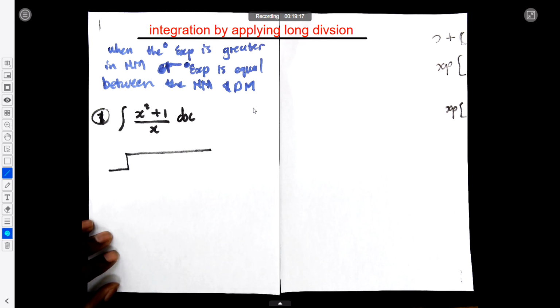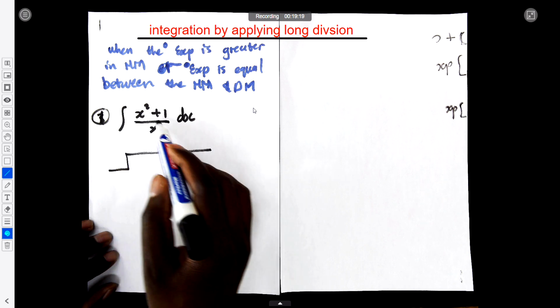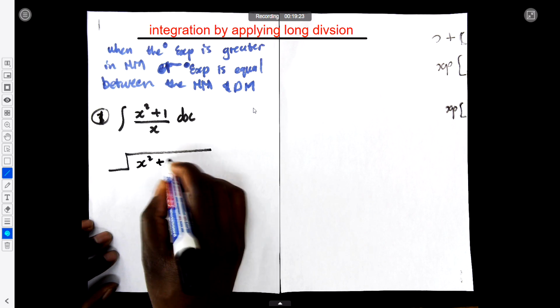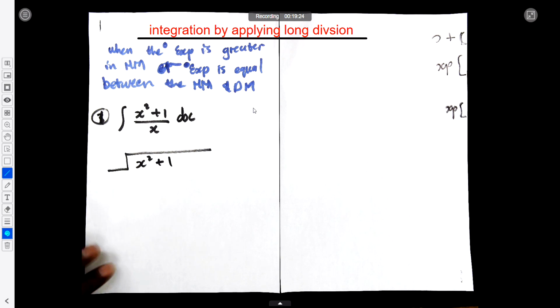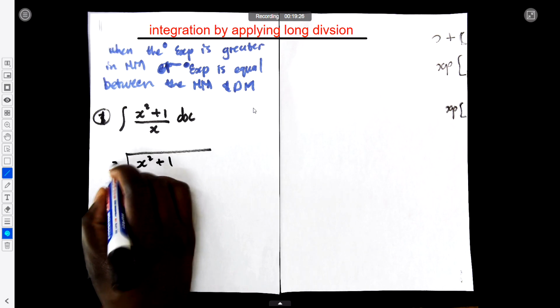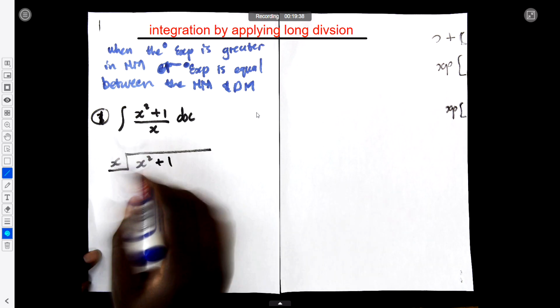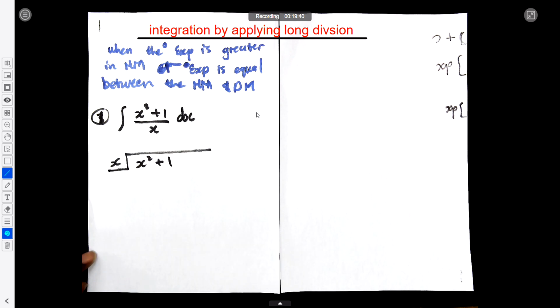Always we call this the dividend. We put it inside the root. The one which is being divided, you put it inside the division. And the divisor, you put it outside. So then when you start, we will not integrate. We are dissolving this into a long division.